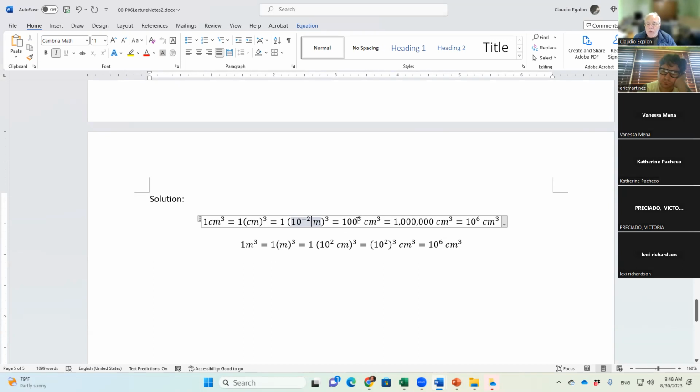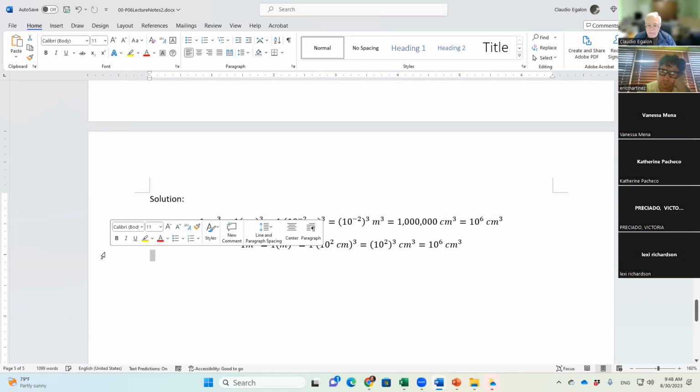And then I'm going to use this one here. I'm going to do this process here. Here you go. 10 to minus 2 raised to the cube, and meter raised to the cube.